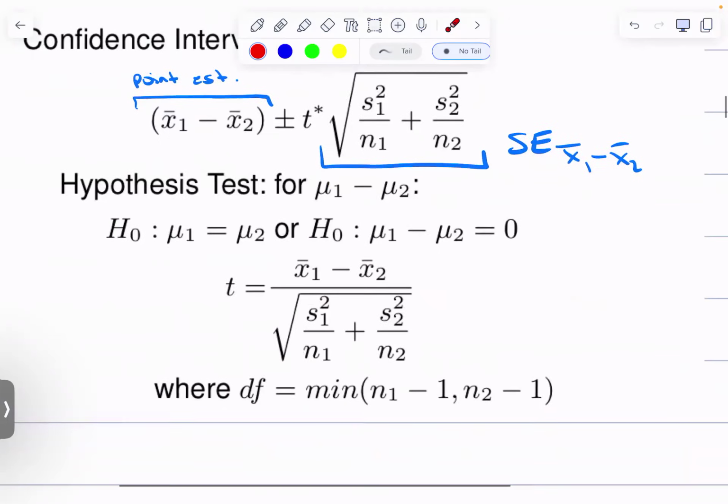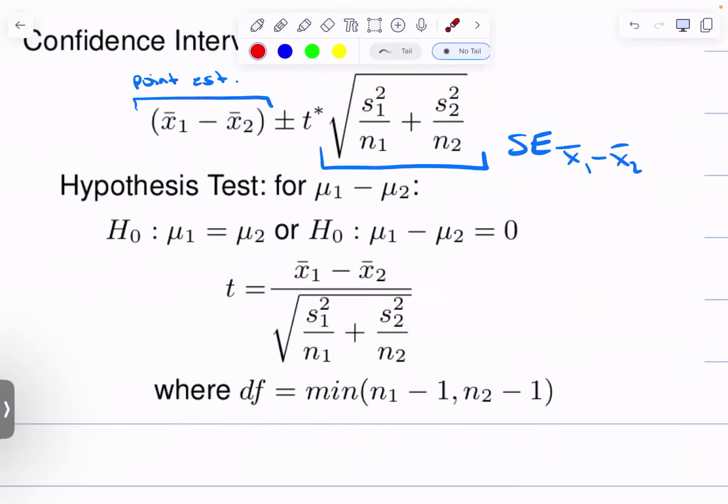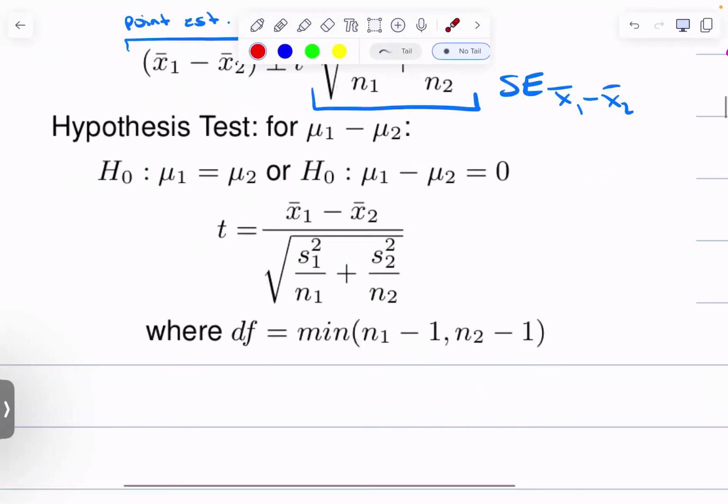Scrolling down to the bottom, t star, we said, requires the degrees of freedom. For questions that we're doing by hand, we're going to use the minimum of n1 minus 1 and n2 minus 1.